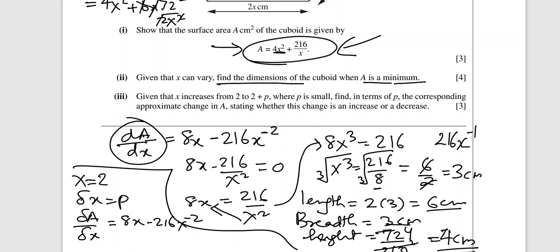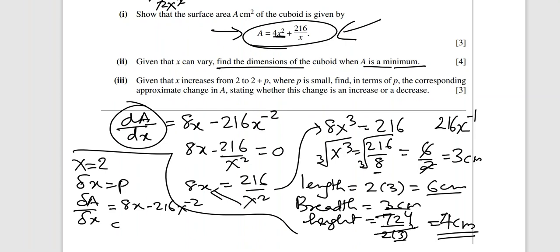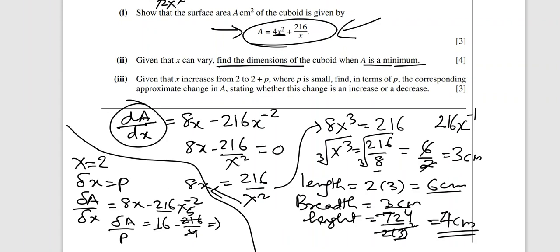So let's plug in the values, and we get delta A over p, delta x is p, right, equal to 8 times 2, 16, minus 216 divided by 2 square, which is 54. Okay, 16 minus 54 is minus 38, and this p will go and multiply with this, cross multiply, minus 38p.